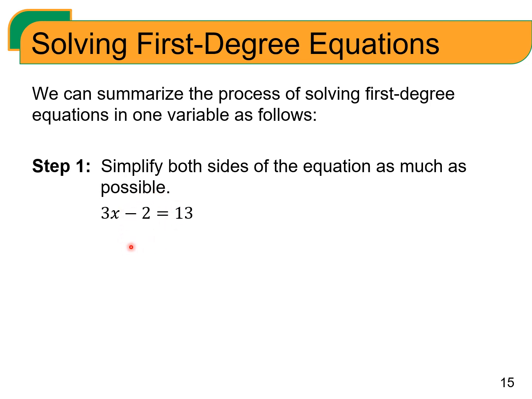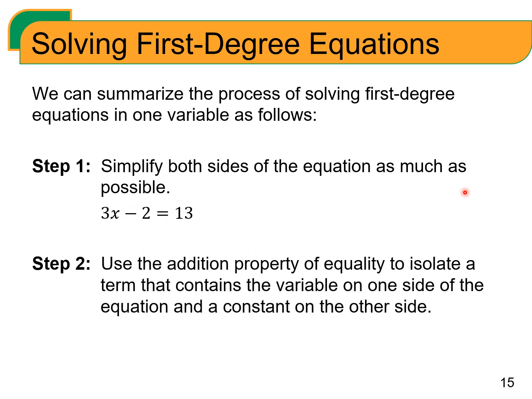In order to do that, we add 2 on both sides of the equation and use the addition property of equality to isolate the term that contains a variable on one side and a constant on the other side. So what we want to do is add 2 on both sides. So therefore, on the left-hand side, you only have what? 3x left. However, the right-hand side is now 15.